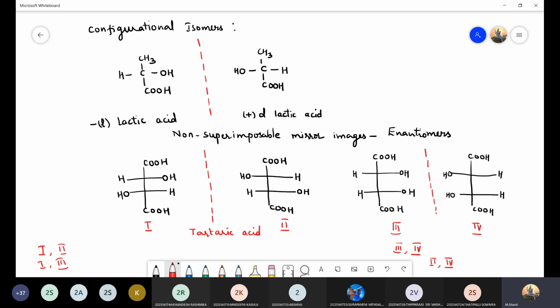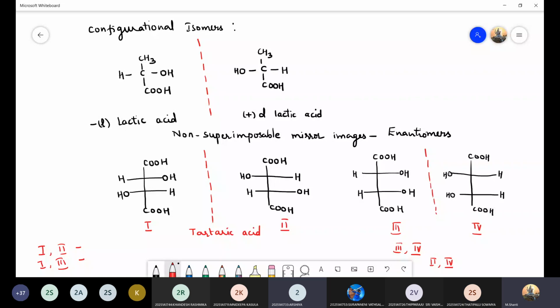Tell me, 1 and 2. What name do you give for them? Structure 1 and 2. So I have taken structure 1 and kept it in front of a mirror. I'm getting a mirror image. Yes or no? Yes, ma'am.